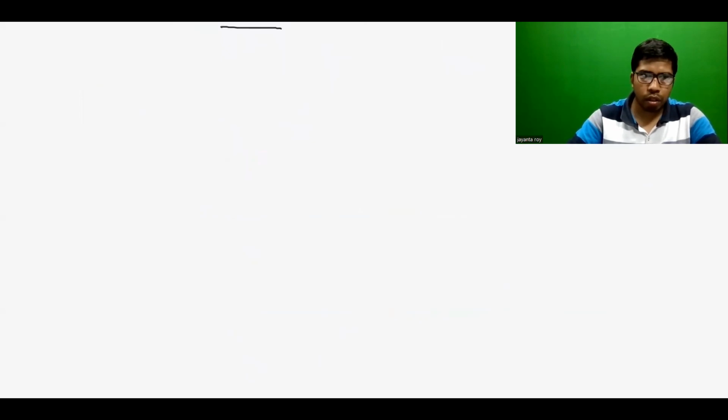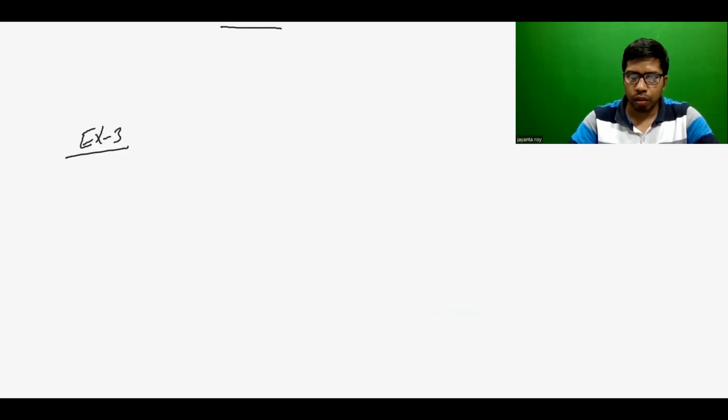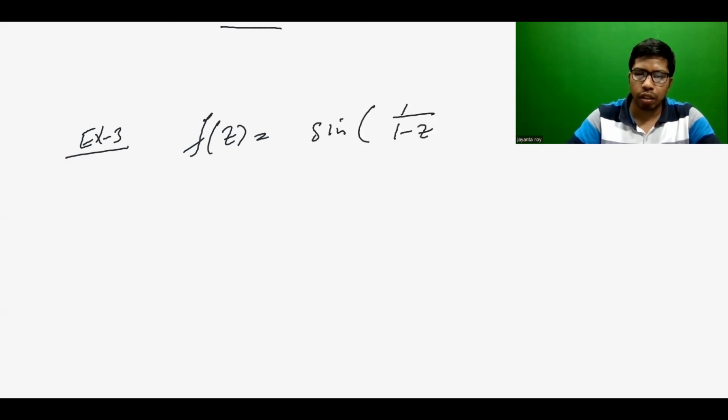Now let's see another example. In this example, we show that the requirement that the limit point of zeros lies in the domain is not superfluous. So for this we consider f of z equal to sine of 1 by 1 minus z.